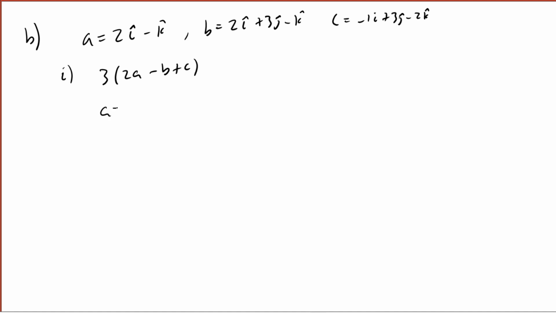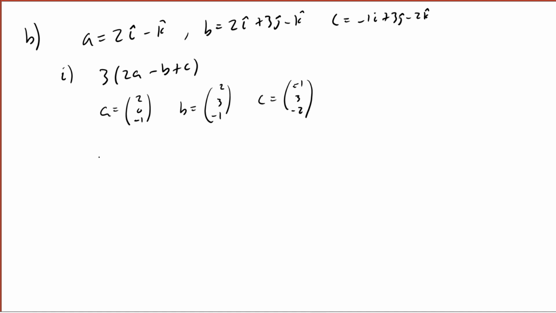So A is 2, 0, minus 1. B is 2, 3, minus 1. And C is minus 1, 3, minus 2. Okay, next I simplify this as much as possible. I only want to have to use each of these vectors once, if possible.